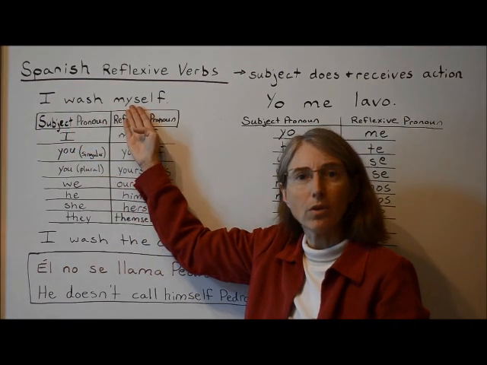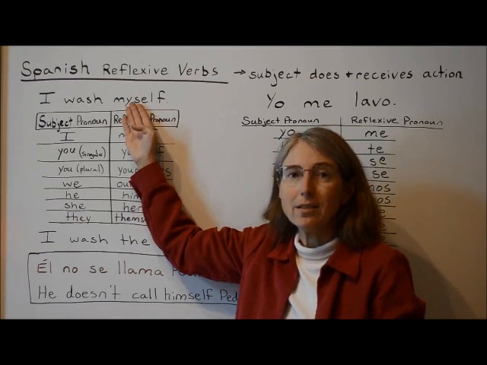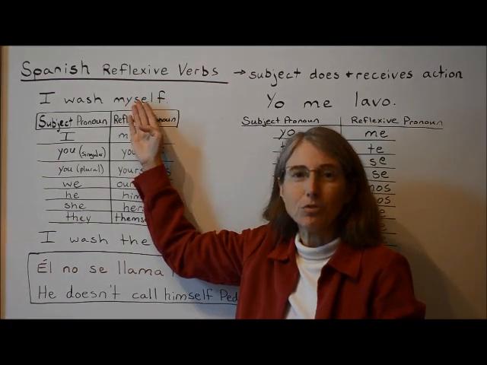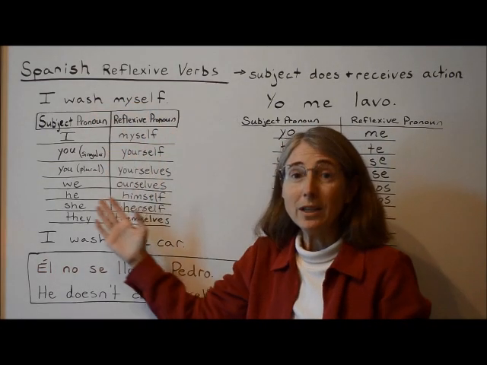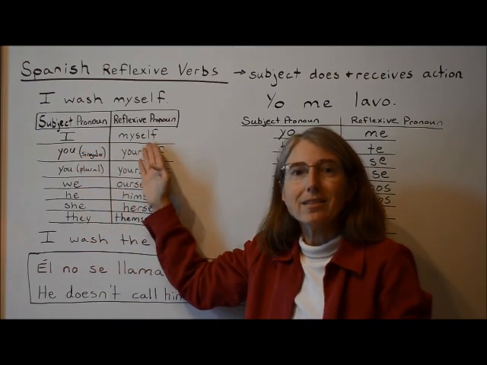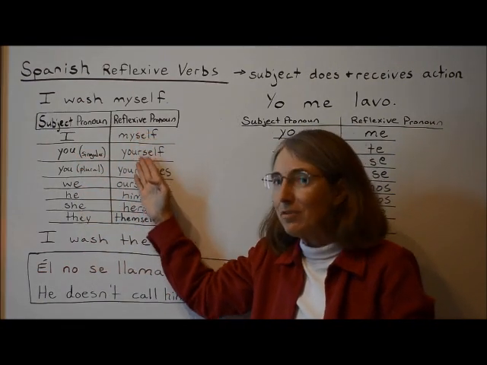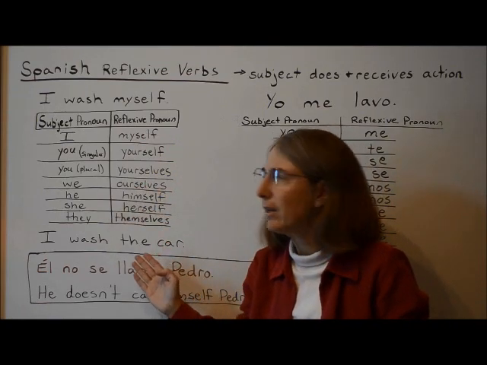With reflexive verbs, we have what's called a reflexive pronoun that indicates the recipient. Now this recipient is always going to match up with the subject. So in English we have a list of subject pronouns and a list of reflexive pronouns that are always used with these particular subject pronouns.